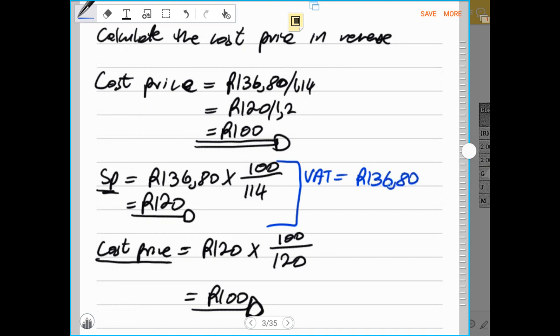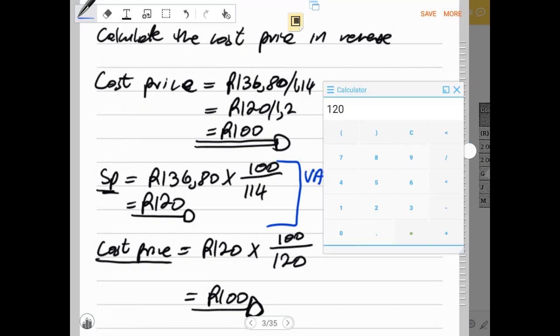So if we remove VAT in this amount, we'll get to the selling price before VAT was taken into account. That means you can just say times by 14 over 114, because we are looking for 14% in an amount that is out of 114%, and this will give us VAT of 16 rand 80 cents.